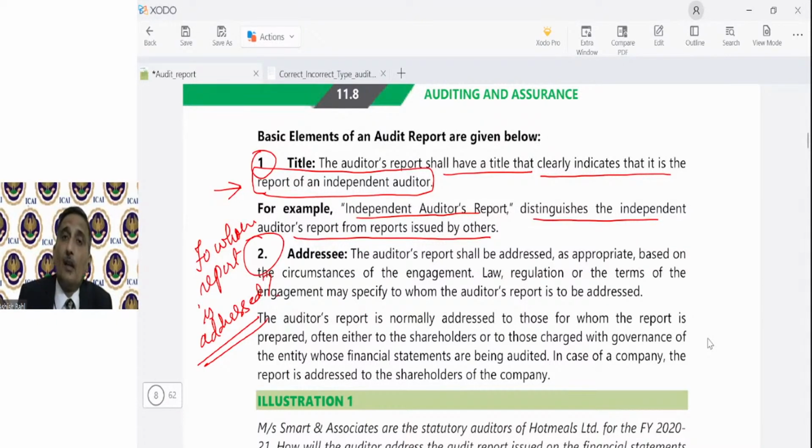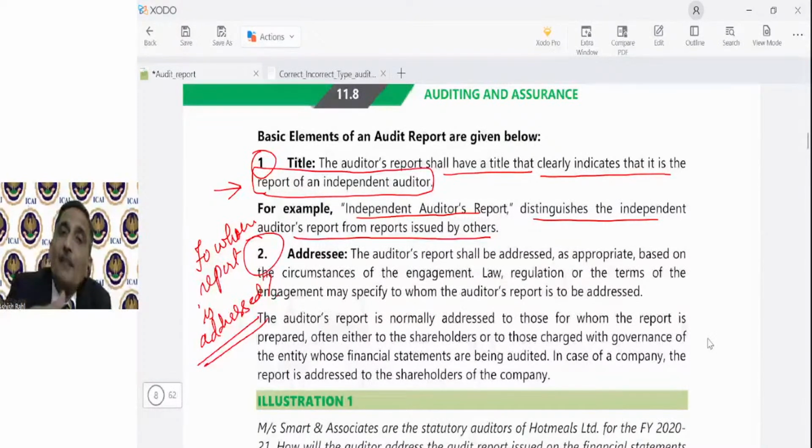Now the auditor has to carry out the audit in accordance with his professional judgment. In accordance, not only he has to comply with standards on auditing, but at every stage he has to keep in mind professional judgment, because in practical situations there might be situations which are not copy and paste from standards on auditing.